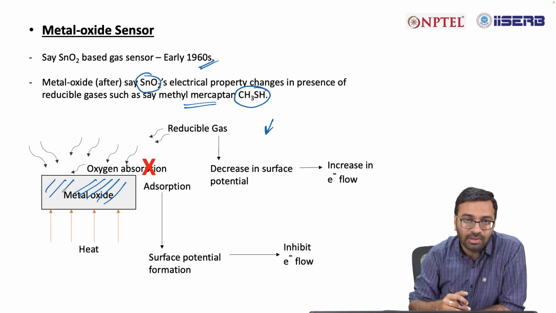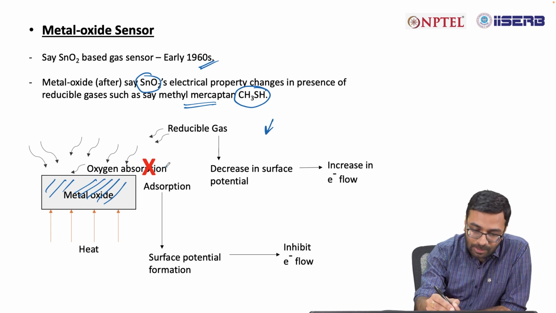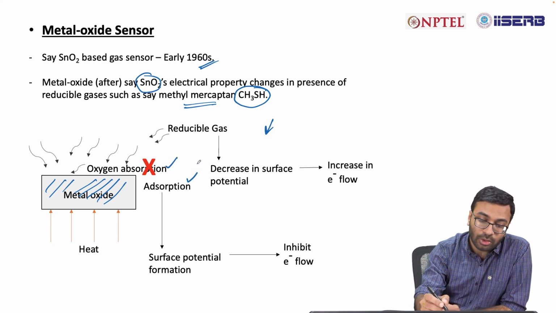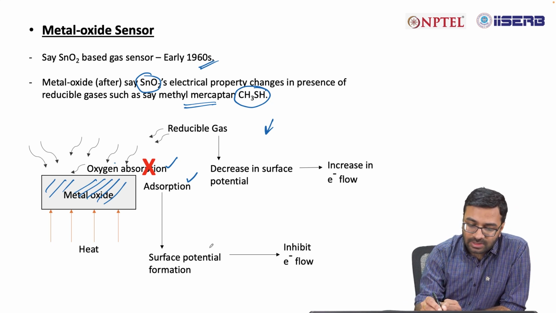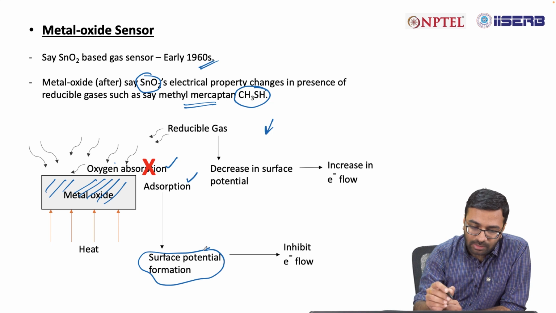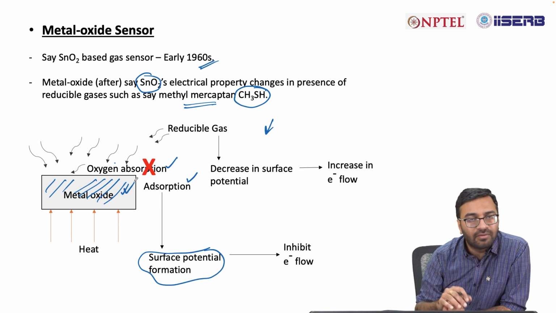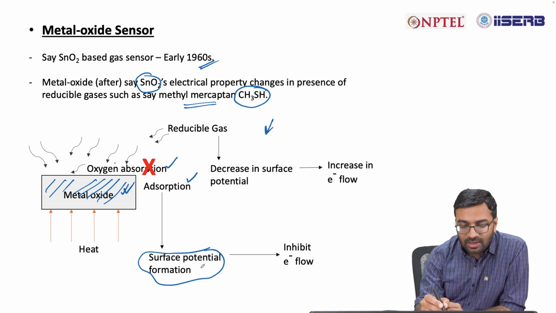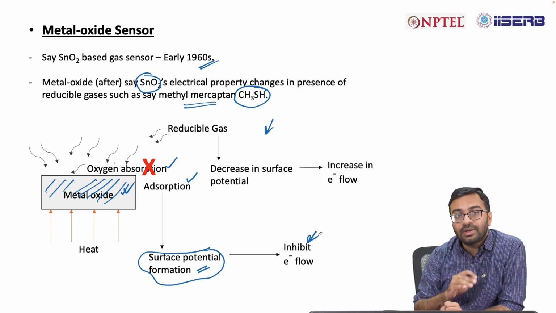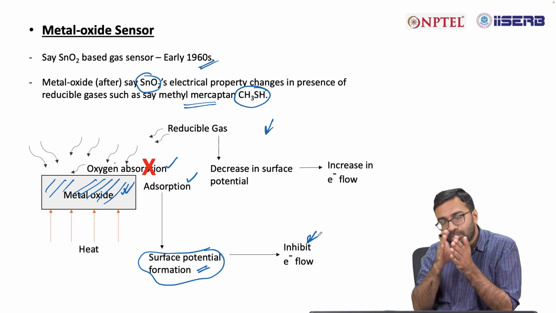Maybe in the next slide we will discuss what is the difference between absorption and adsorption. So because of adsorbed oxygen, you'll find there is a surface potential associated with the metal oxide film. Now this surface potential inhibits the flow of electrons. It restricts the flow of electrons because there is a potential present.